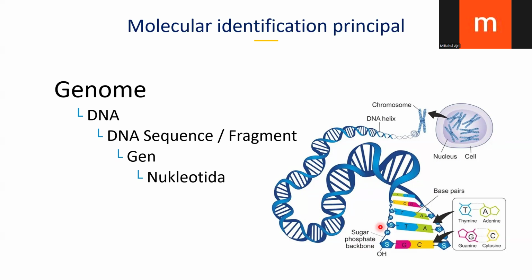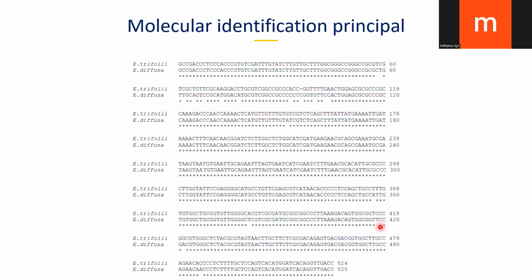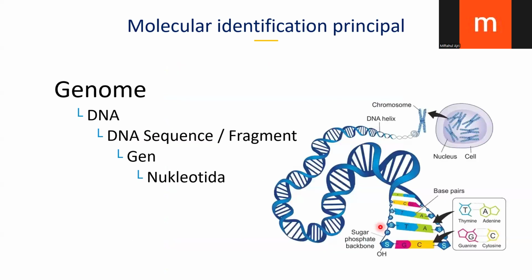So there are internal transcribed spacers, we can see ITS and also other regions in the genome that can serve as reliable markers for species identification.